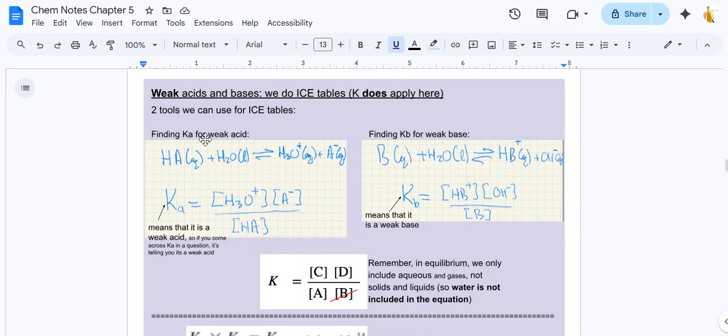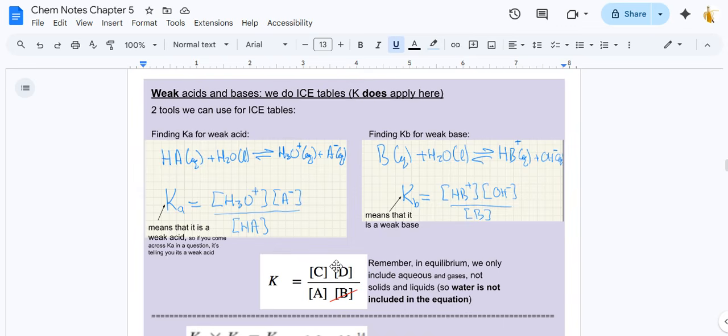So to do K values, we do the products that are aqueous or gases. We probably won't use gases at all in this exam, so don't worry about this.